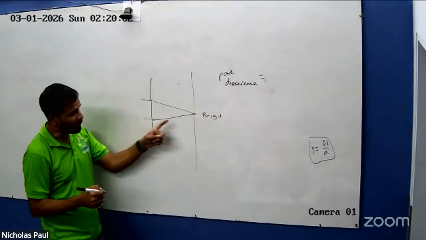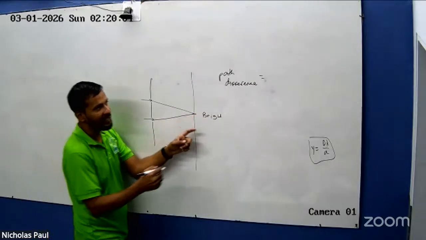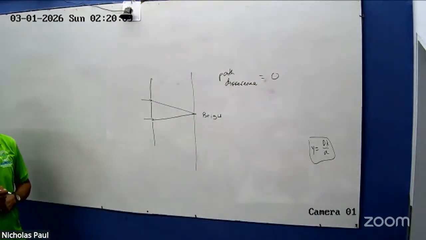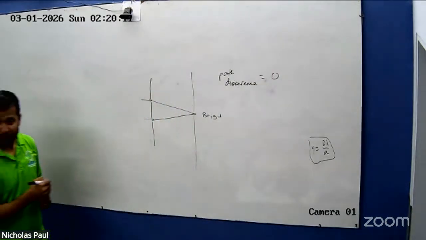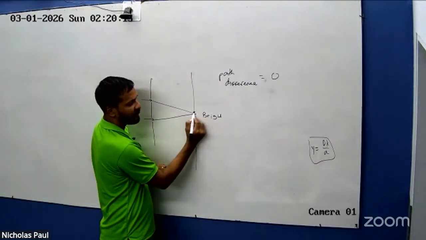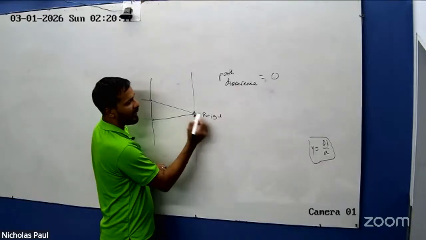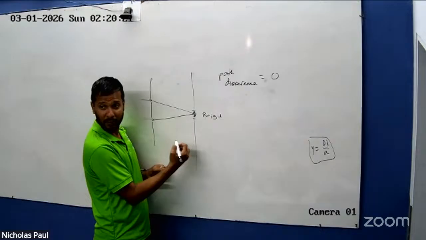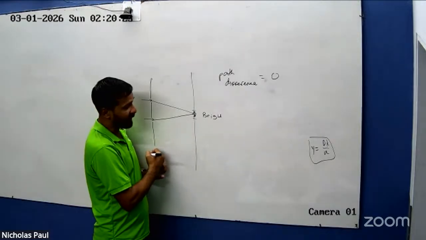If the path difference is 0, we are at a bright fringe. Next to bright is dark, and then after that you get the next bright again, and the next bright again.